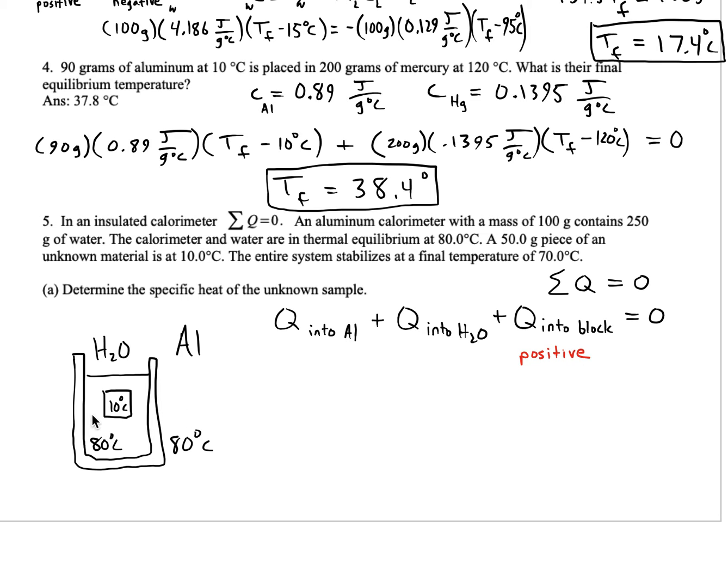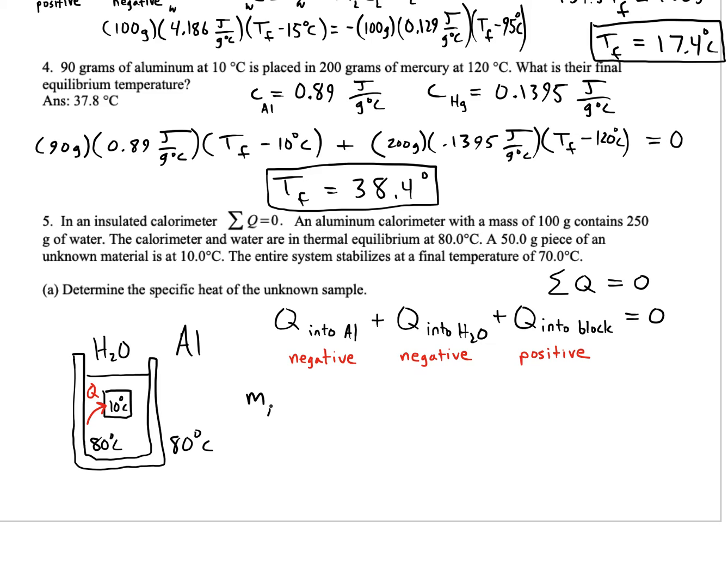And we can show that with an arrow showing that this is going to be the direction of the heat flow into the block. But that means that the aluminum and the water will have negative heat flows, which just means that heat will flow out rather than in. So we just replace each of them with their formulas.